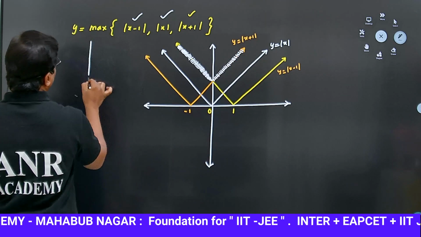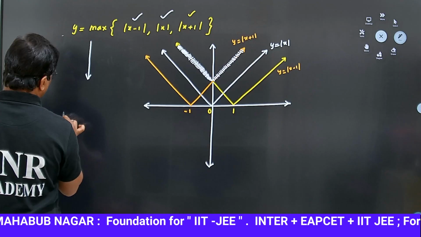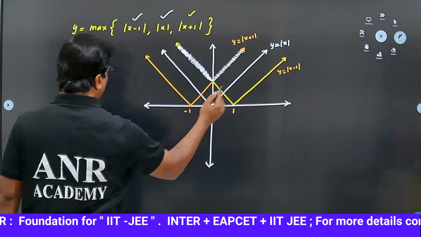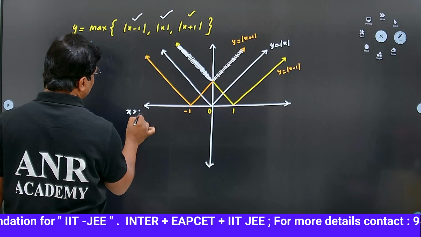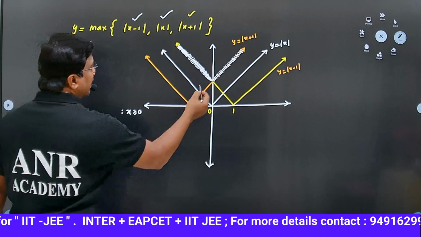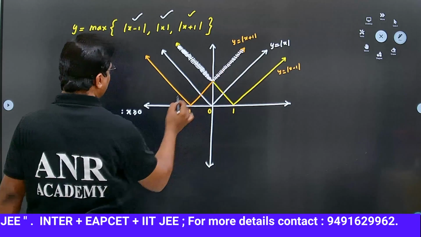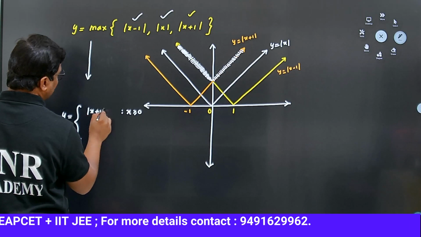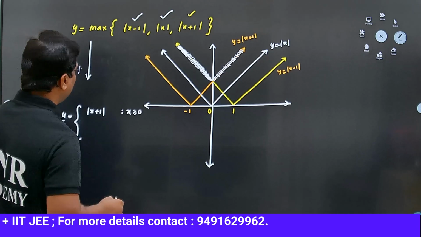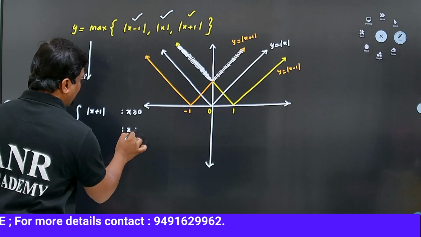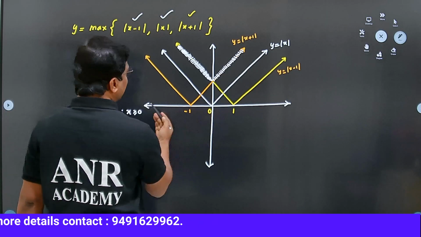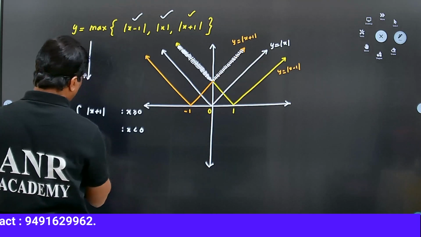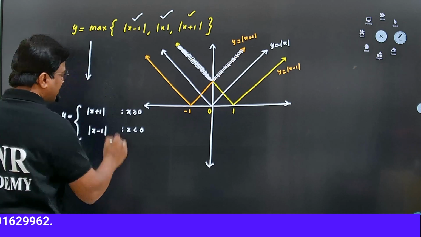You can also rewrite the given function as y equal to mod x plus 1 for all positive values of x, where mod x plus 1 is the maximum. Next, for all negative values of x, this side, this is the graph, nothing but modulus of x minus 1.